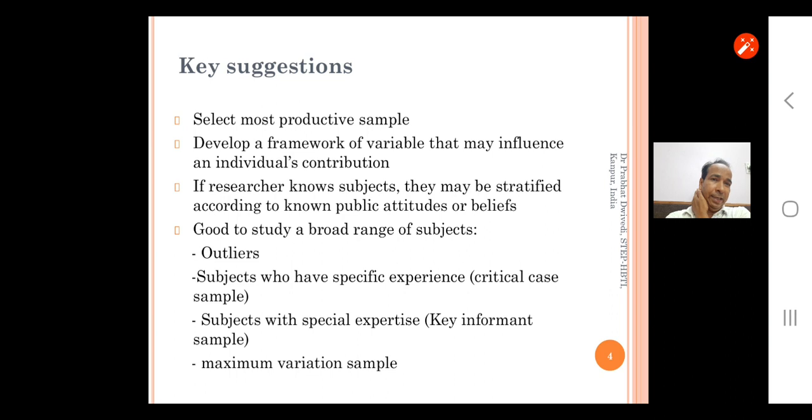And the next suggestion is to develop a framework of variables that may influence an individual's contribution.